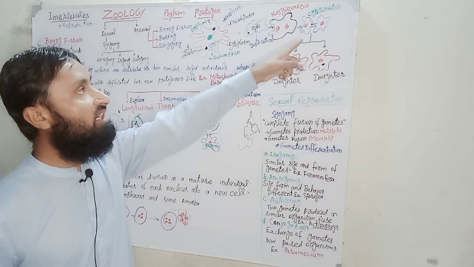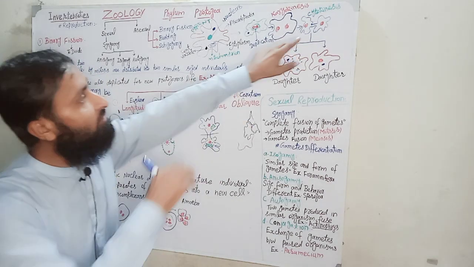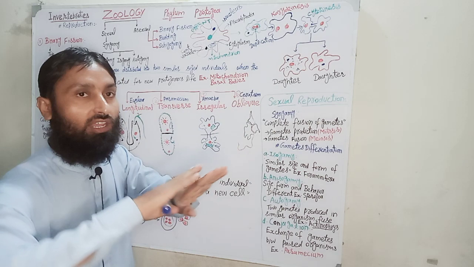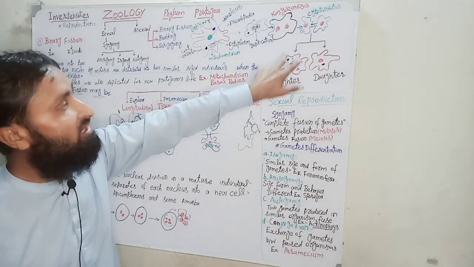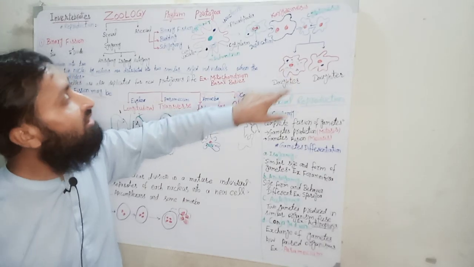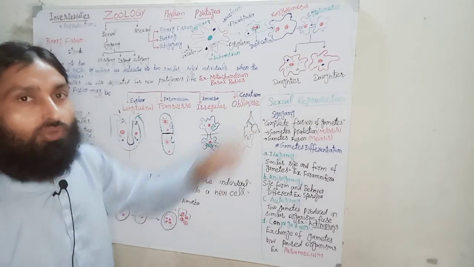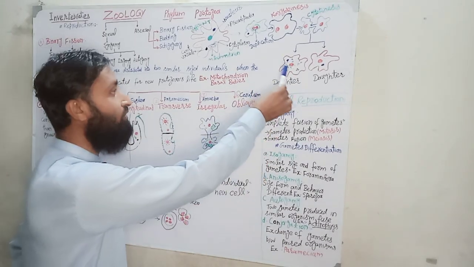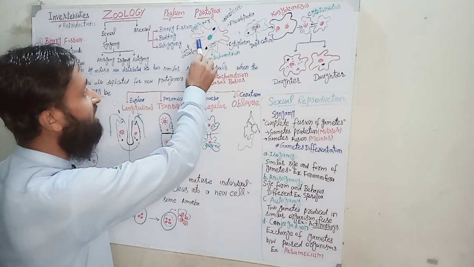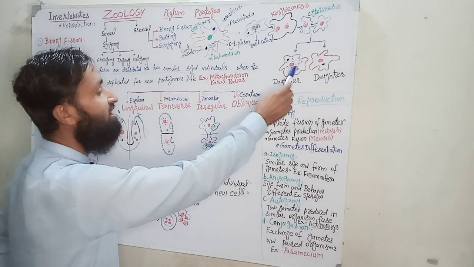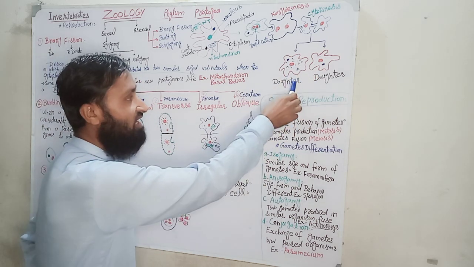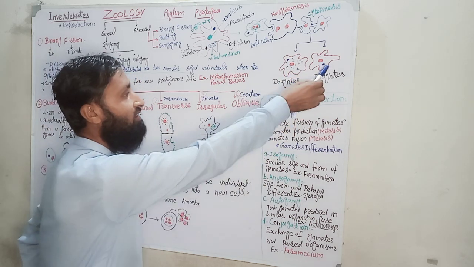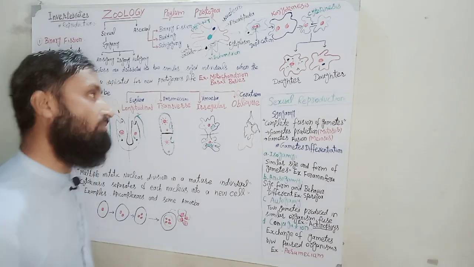The cytokinesis divides these 2 nuclei, and 2 daughter cells or 2 daughter offspring are produced. Now you can see here a single cell is divided into 2 daughters. This is a daughter amoeba and this is also a daughter amoeba.